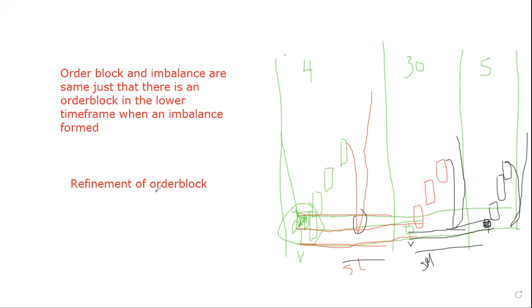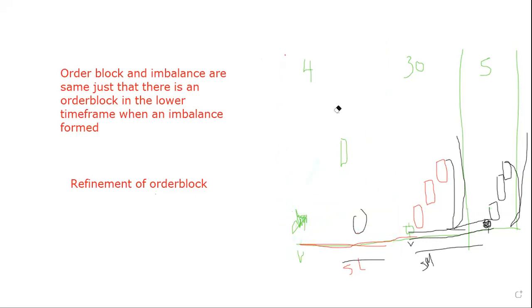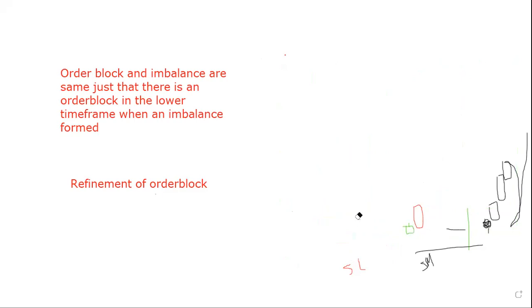I'll clean everything here. Now, like I said, imbalance. I said imbalance and order block are the same thing, but the only difference is in the imbalance, when you go to the lower time frame, there is an order block inside in the lower time frame.